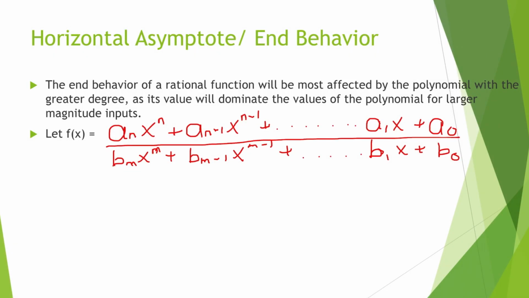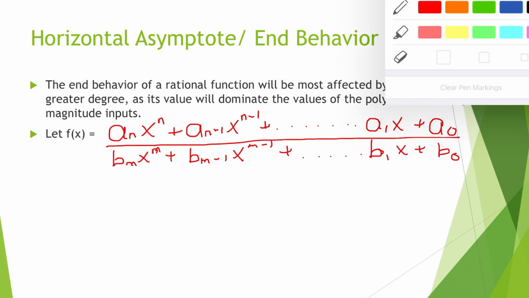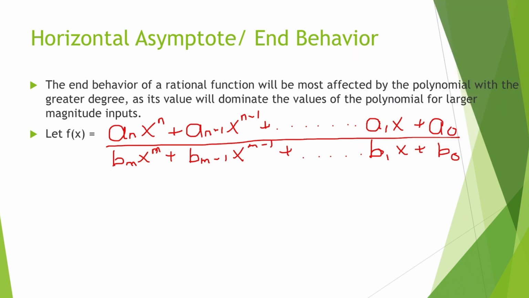Let's move ahead. Now time for horizontal asymptotes, or the end behavior. It says that the end behavior of a rational function will be most affected by the polynomial with the greater degree, as its value will dominate the values of the polynomial for larger magnitude inputs.